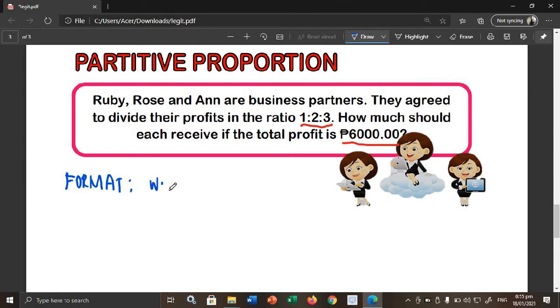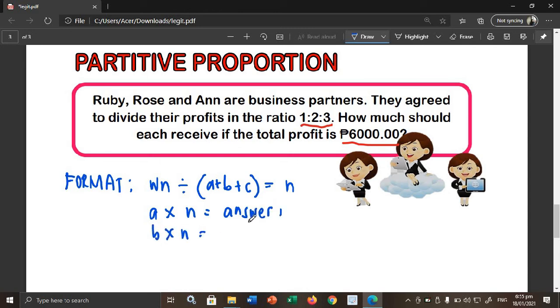So, the format is whole number divided by the sum of the ratio. That will be equal to, let's say, n. And then you need to multiply n to each ratio. So that will be answer 1, and then b times n, answer 2, c times n, answer 3.